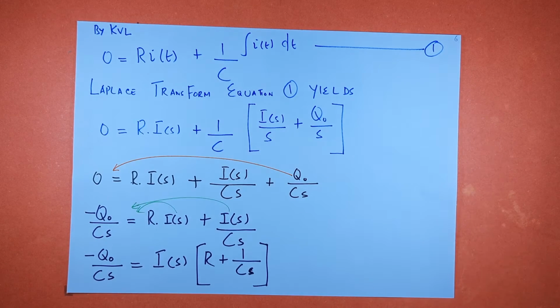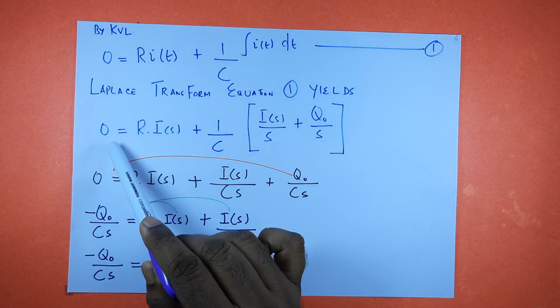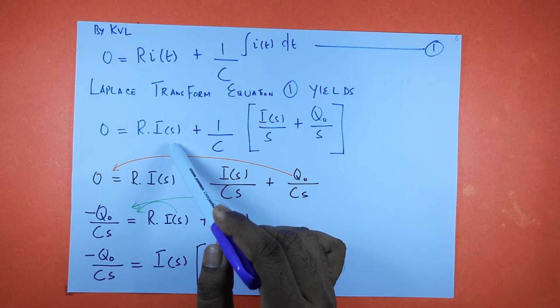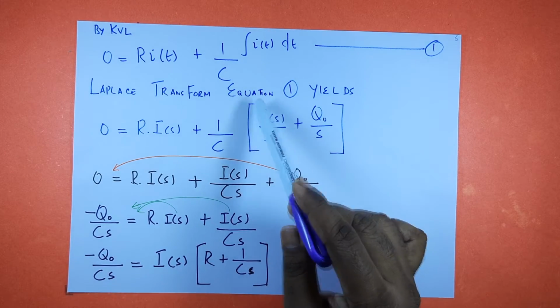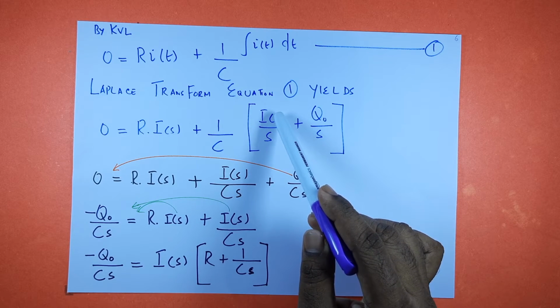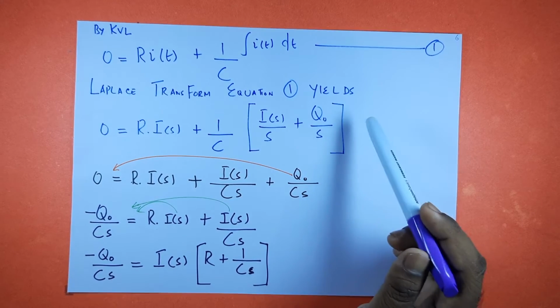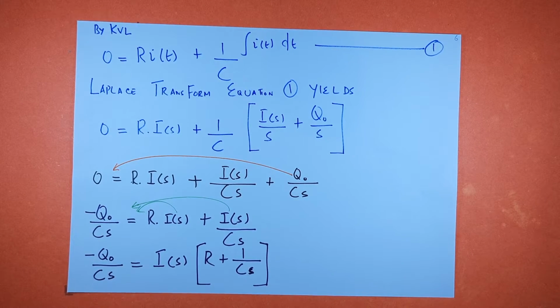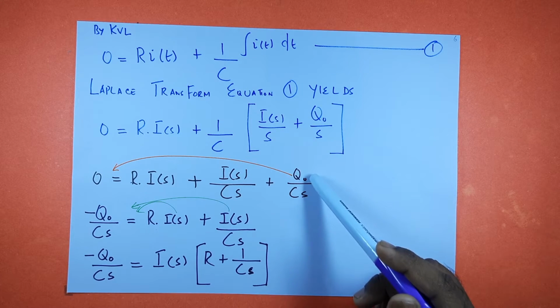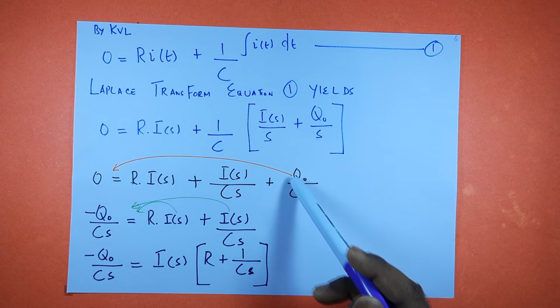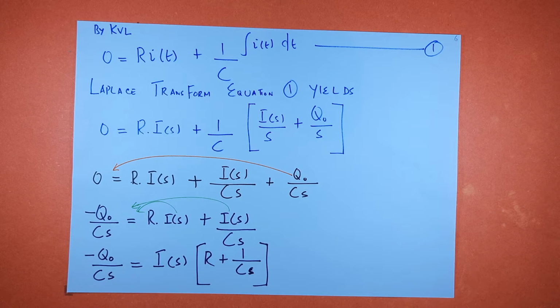So you take Laplace transformation for this equation 1, you get 0 equal to R I of S plus 1 by C into I of S divided by S plus Q naught by S. 0 equal to R I of S plus I of S divided by Cs plus Q naught divided by Cs. This Q naught you take to the left hand side.